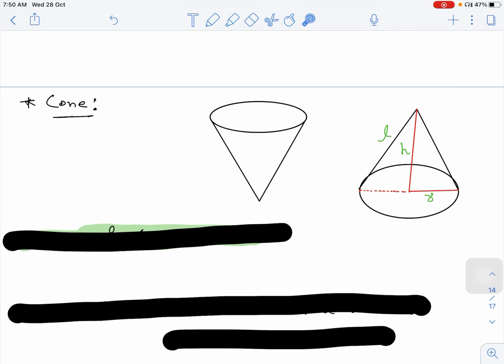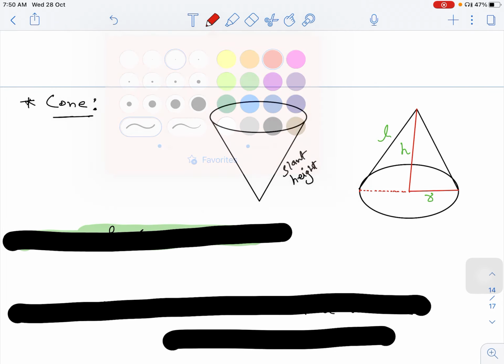Now, this is also the height of a cone, but this height is not the perpendicular height. This height is the slant height. Then where is the perpendicular height? The perpendicular height lies in between.